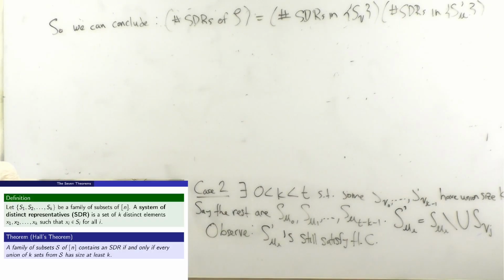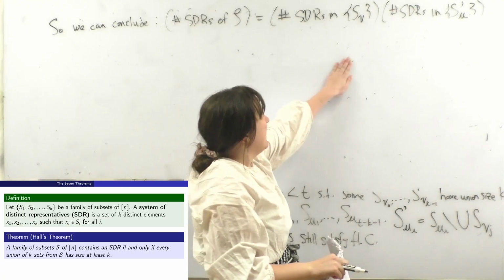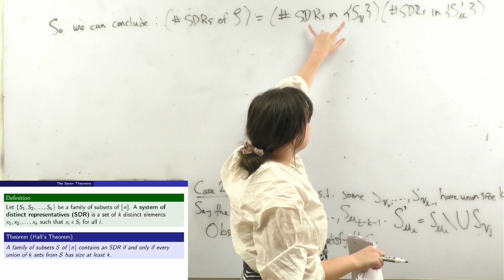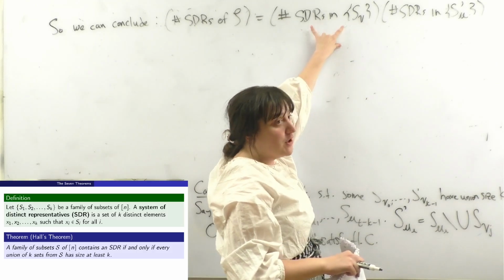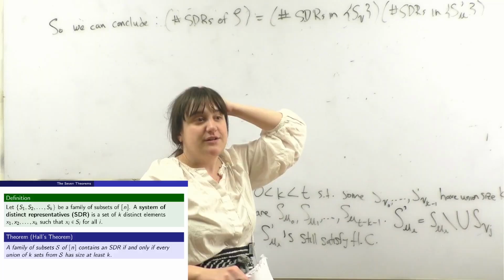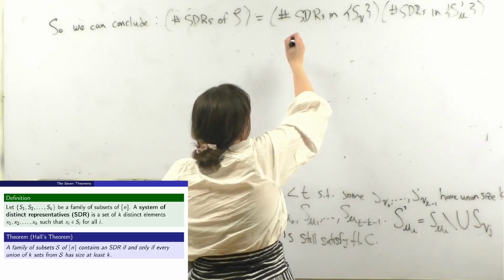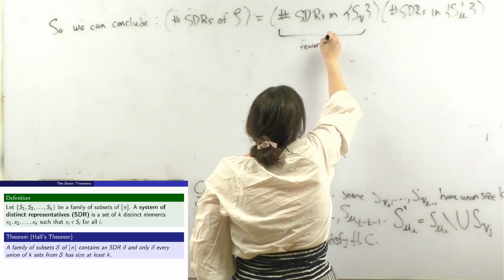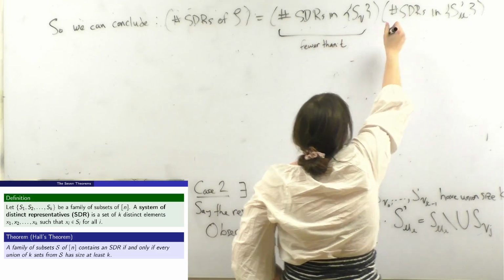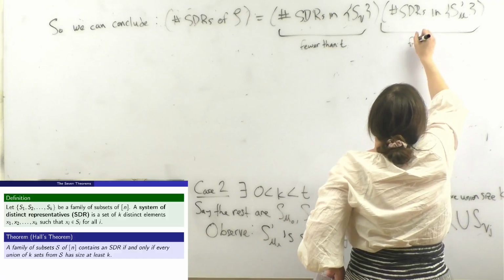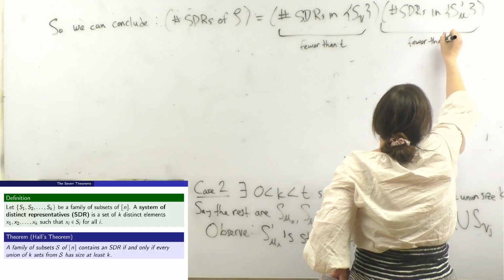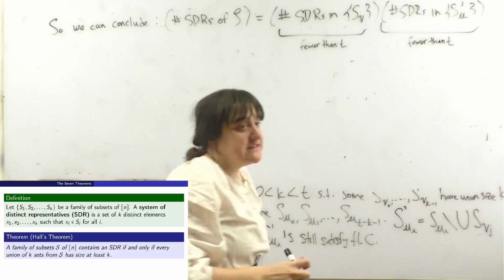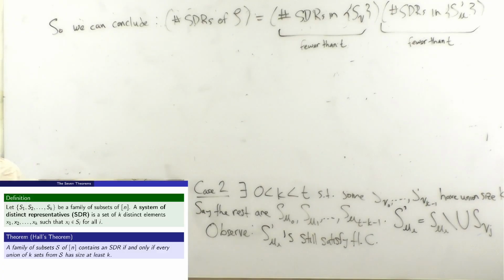Okay, and now by induction, my first case dealt with the case where I couldn't find a set of size strictly smaller than T where this worked. This thing has fewer than T sets. This thing has fewer than T sets. Hall's condition holds on both of these.